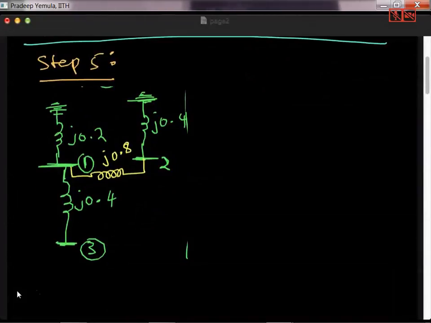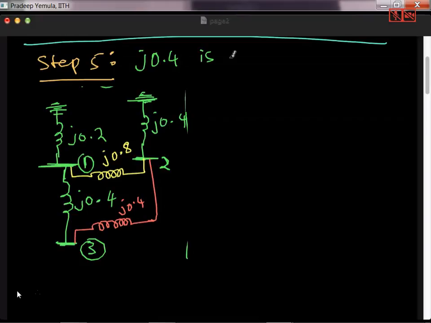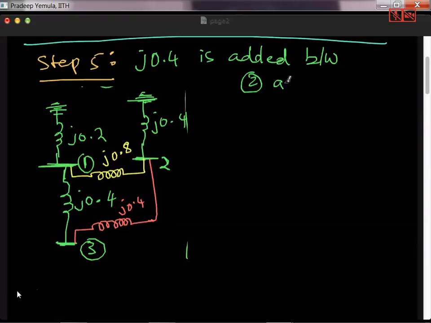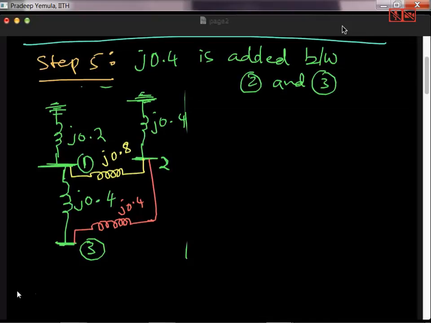In step 5, the final addition that I am making to the network is this element, and the impedance is J0.4. So I'll write it here. J0.4 is added between bus 2 and bus 3. So between two existing buses, I am adding the J0.4.